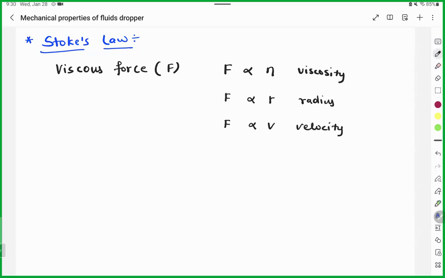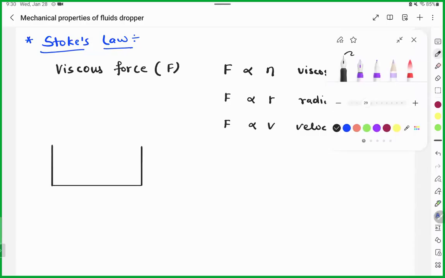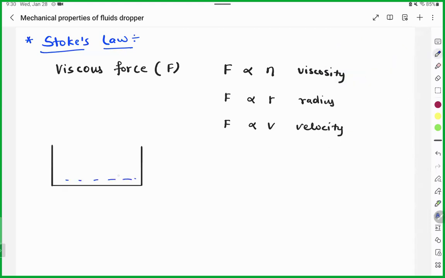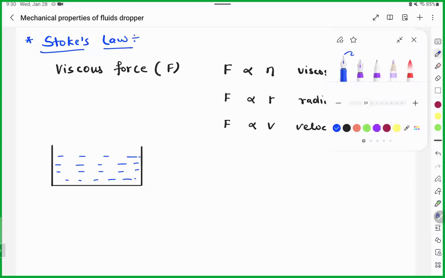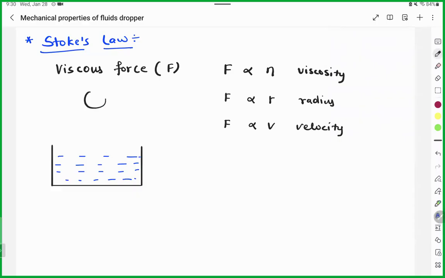What we are trying to say is, you drop a ball from a height. This is the fluid. In this fluid, one body is falling. How much upward force, viscous or drag force, will be applied on the body in the upward direction?